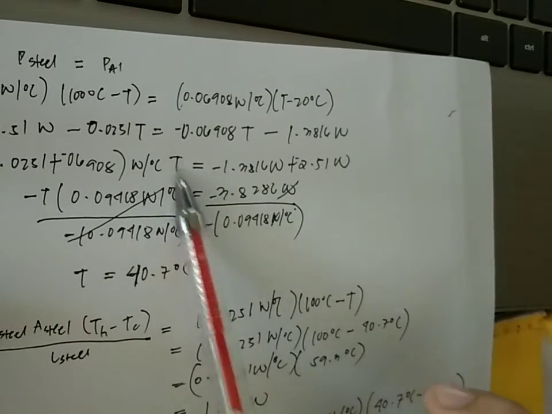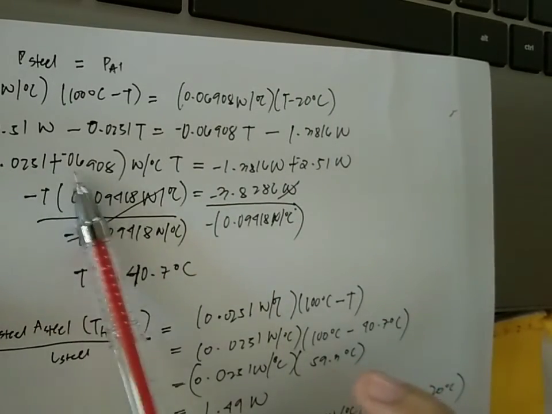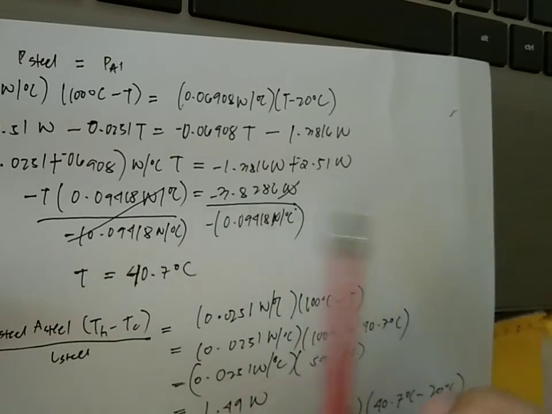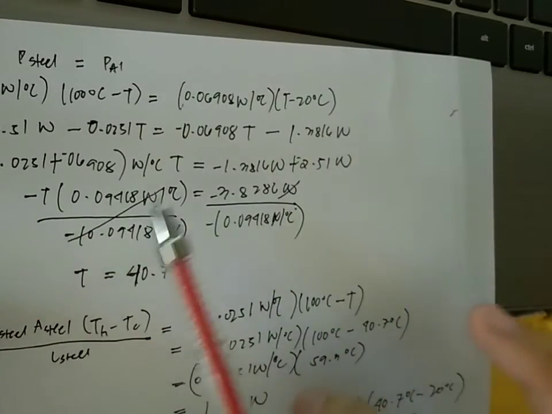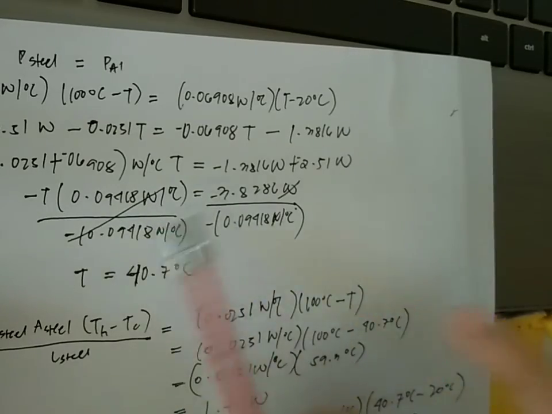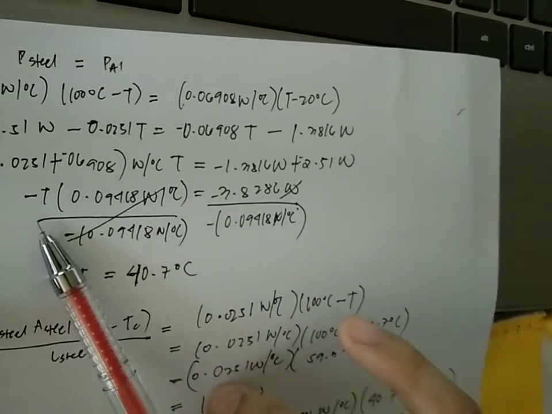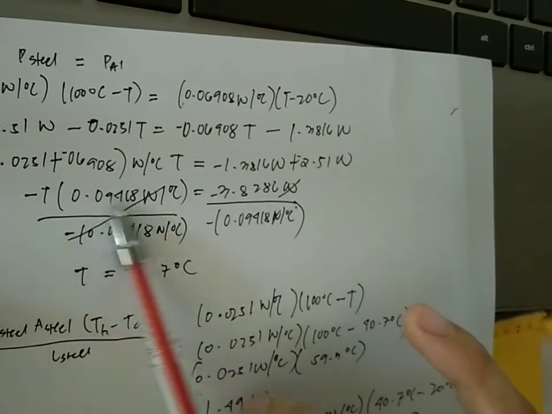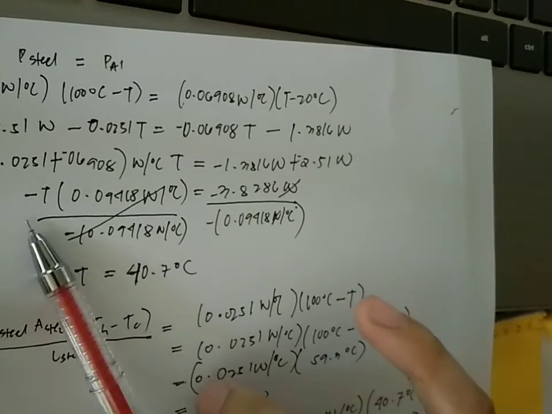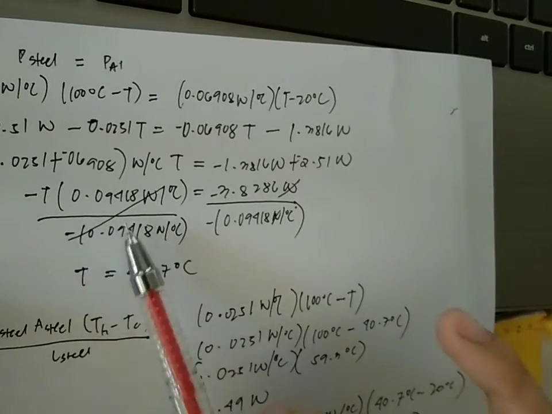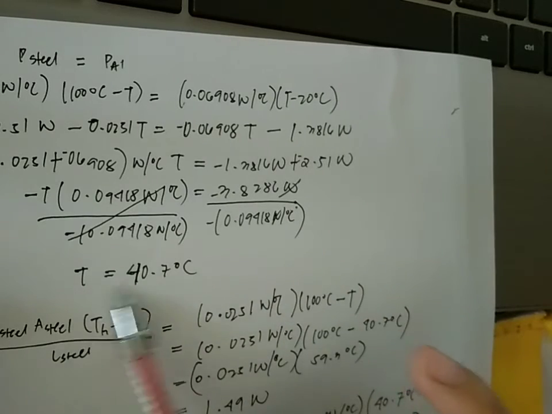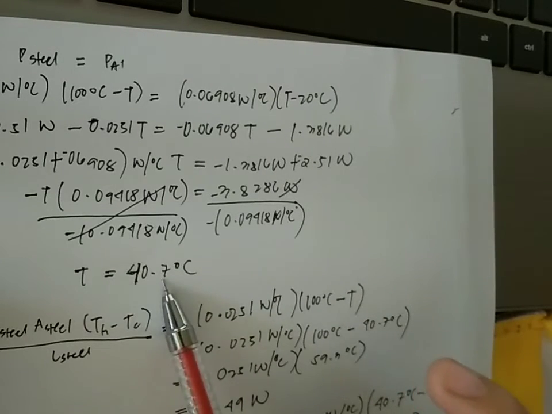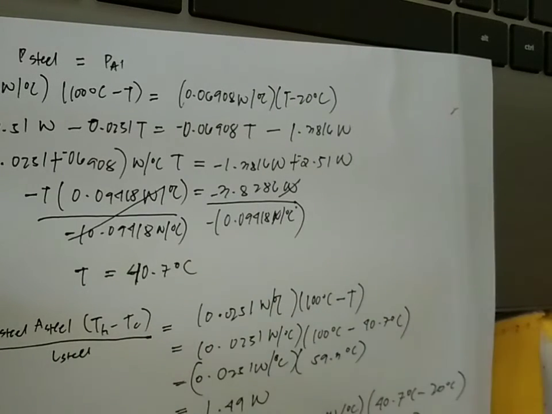So after that, gi-plus na ko ang both left side and right side, so nakuha na ko ang ilang sum. Gi-divide na ko ang constant sa variable para ma-eliminate ang constant, mabilin ang variable para makuha atong gipangita nga 40.7 degrees Celsius.